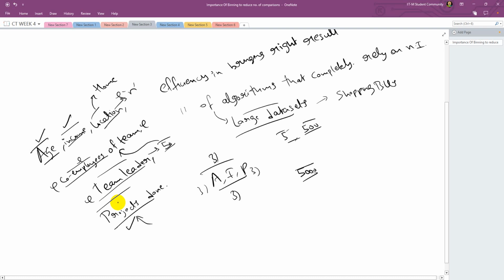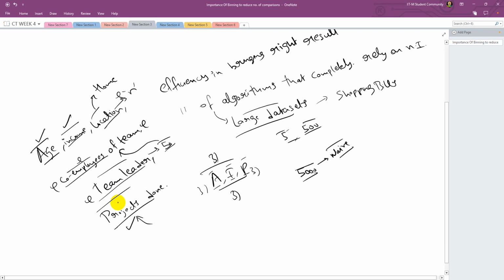We only need to compare people within each bin that we declare. Here the bins are age, income and projects. We sort the employees based on these three bins, within each bin, rather than comparing everyone in the data set. As I said, the naive approach won't work out here.